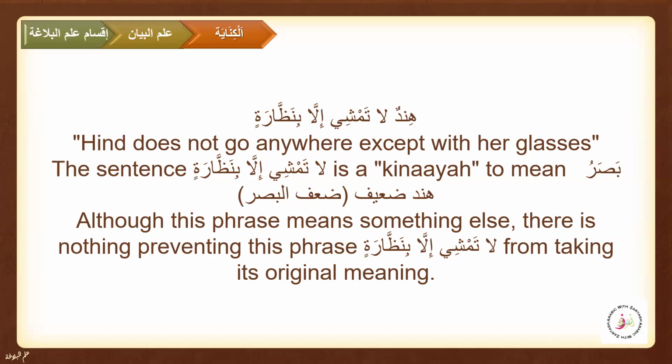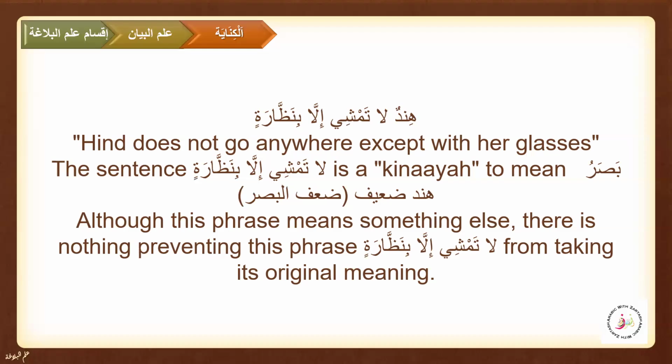So why is it kinaya? Because the sentence has a real literal meaning, like she wears glasses, but it also hints at a hidden meaning: her vision is weak. So the literal meaning is still possible and not blocked. And that's exactly why it's kinaya. Both meanings are possible.